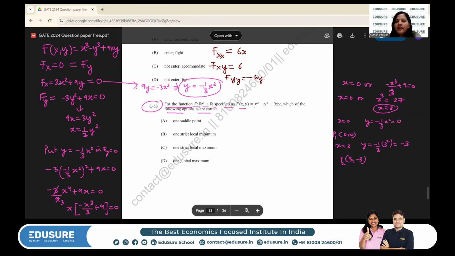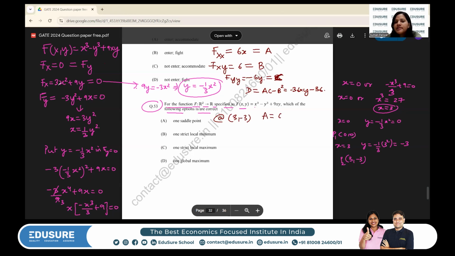Now this is our A, this is our B, and this is our C. And we talk about our discriminant D = AC minus B square, which is going to be minus 36xy minus 36.